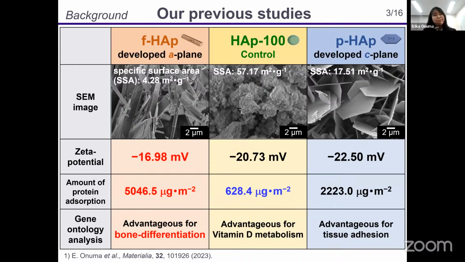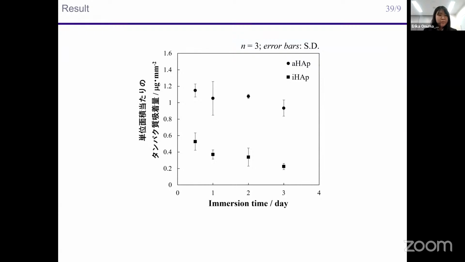It is a difficult question, but this figure shows the amount of protein absorption over time. Protein absorption and dissolution take place contrarily, but are generally considered to be in equilibrium in vivo.